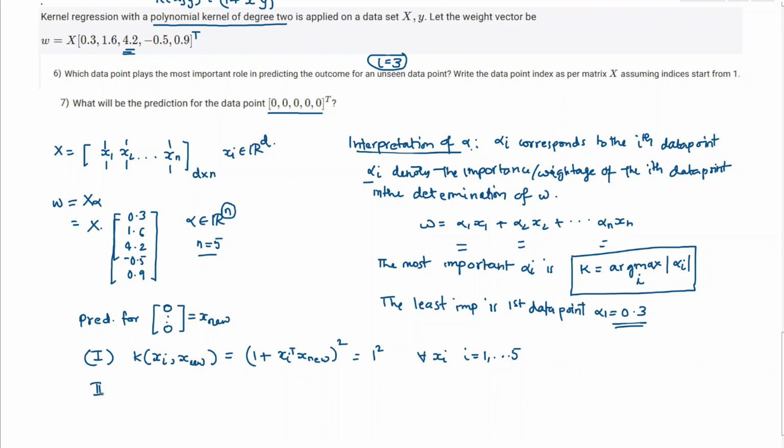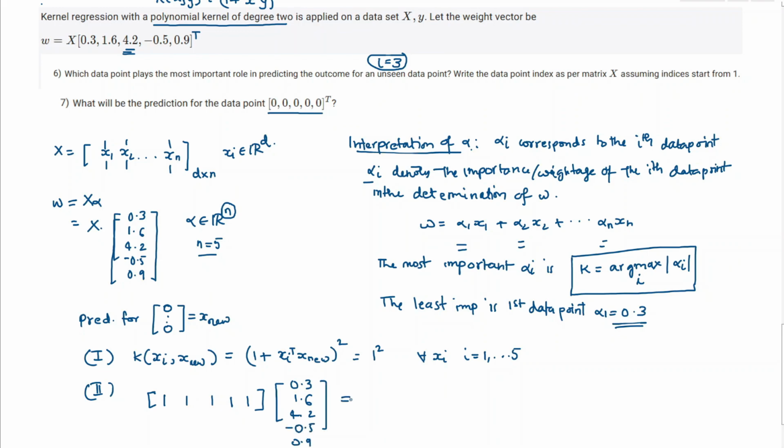The second step is we need to take the dot product of this along with alphas. So it will be 1 1 1 1 1. This vector of 5 ones corresponds to the 5 different kernels that have been obtained, and that will be dotted with alpha, which is 0.3, 1.6, 4.2, minus 0.5 and 0.9.